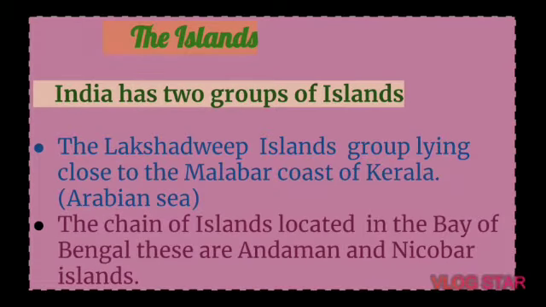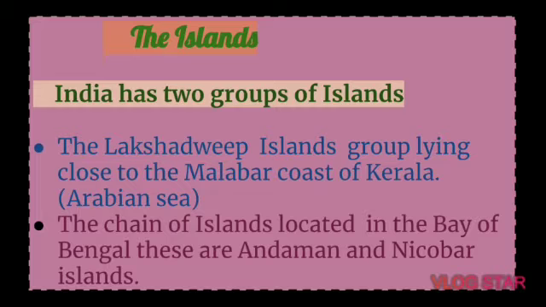The islands. India has two groups of islands, the Lakshadweep group of islands and the Andaman group of islands. The Lakshadweep islands lie close to the Malabar coast of Kerala in the Arabian Sea. The chain of islands located in the Bay of Bengal are the Andaman and Nicobar Islands.